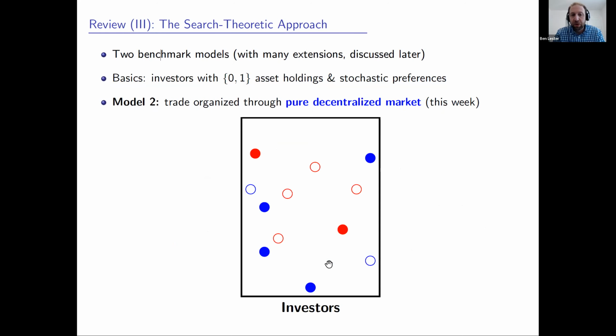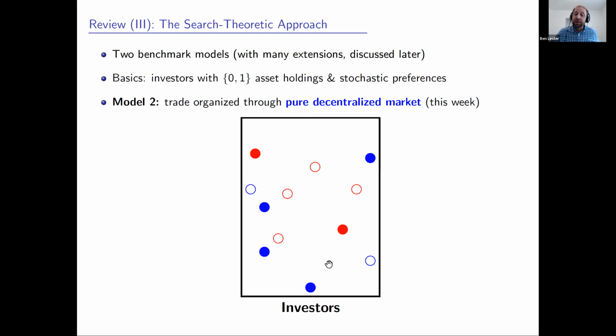So this week, we're going to do what I'm going to call a pure decentralized market. And in this model, and again, I've drawn the simplest version here, there's no distinction. There are no ex-ante different customers and dealers. We're just thinking of them as investors. And again, these investors can have different preferences. Here I've just drawn two, but we're actually going to model them with a much richer preference structure, and they can own assets or not own assets.